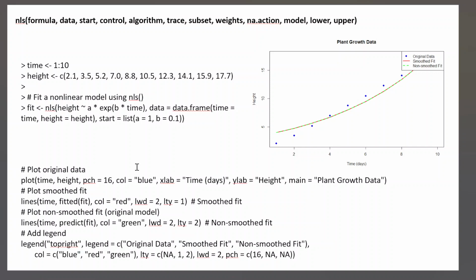We are going to fit the nonlinear model using nls. First we define the formula, height as a times exponential of b times time. The data is taken from the data frame, with time and height as X and Y. Then the start list has a from 1 and b from 0.2.